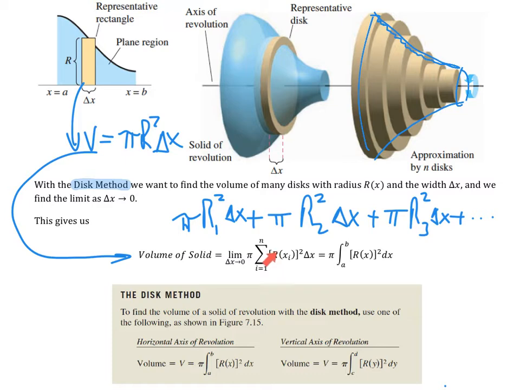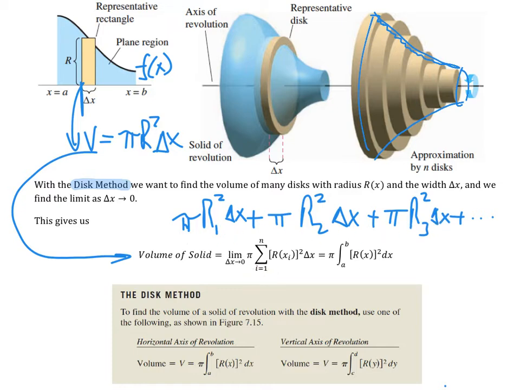And these are the different radiuses. So the radiuses are determined by the function f of x, right? So whatever the height of f of x is at some given x value, some x sub i, that's going to be the disk. So this is all of these terms added up.